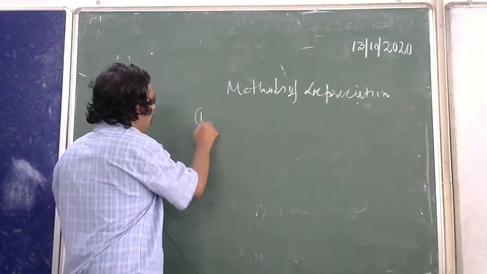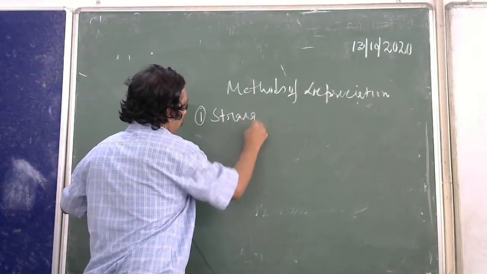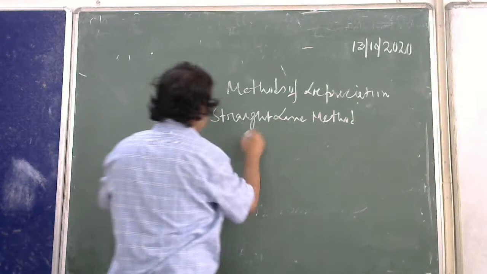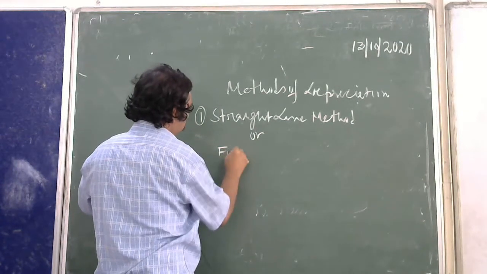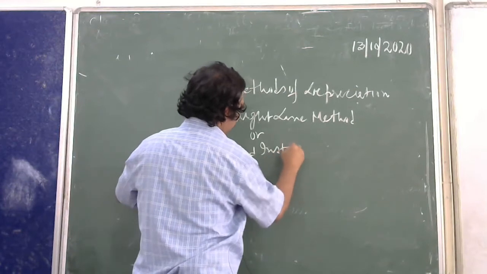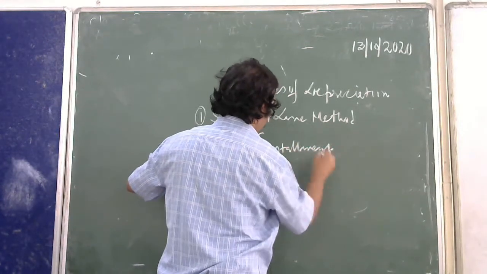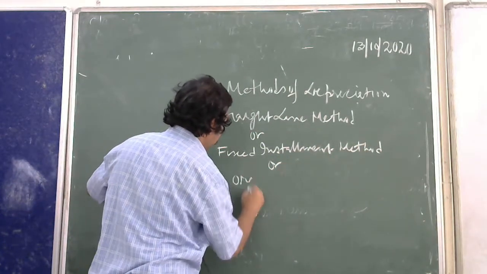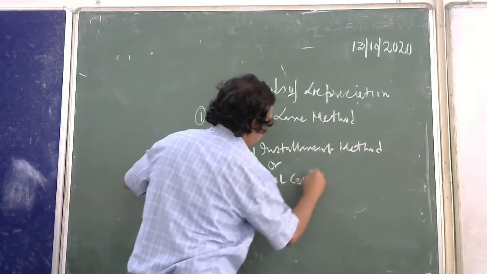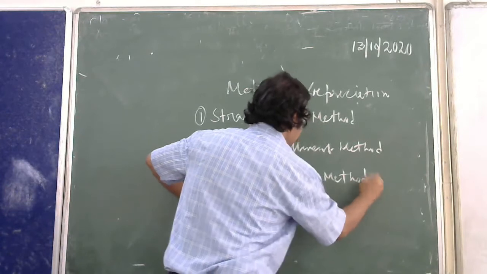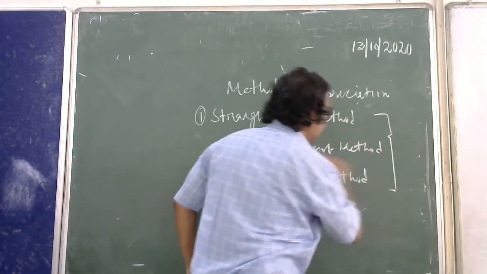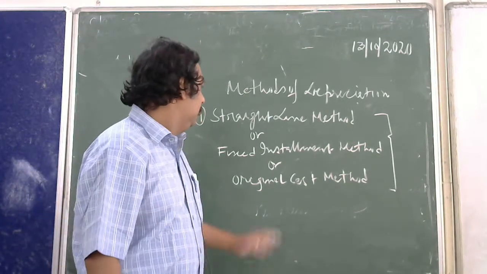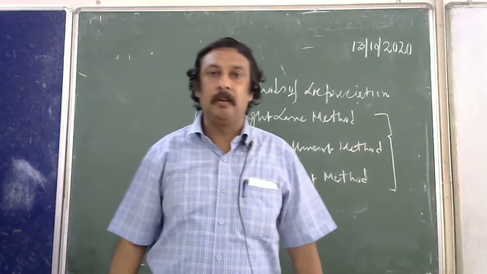Number one, we have the straight line method, or it is called the fixed installment method, or original cost method. All similarly represent the same method of depreciation. It is called either the straight line method, fixed installment method, or original cost method.